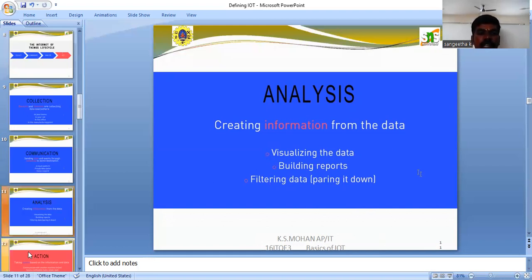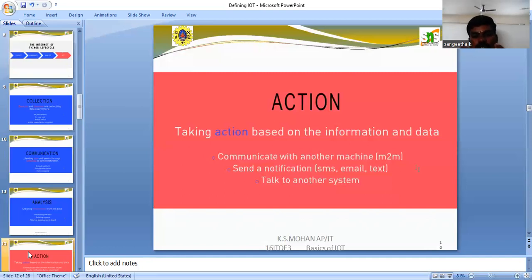Then action. After the information has reached the corresponding destination, they will know this particular crop field requires irrigation now. So they get ready to irrigate that particular farm. That action is taken after receiving the communication. The communication with another machine happens in the form of machine to machine.